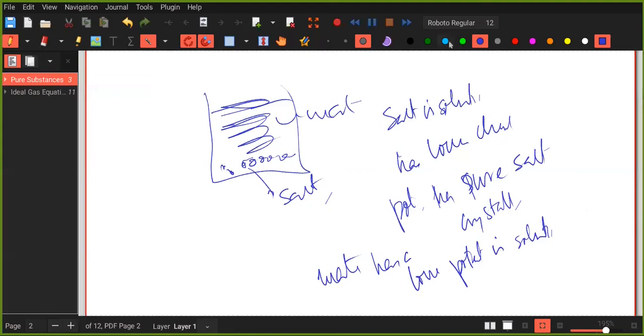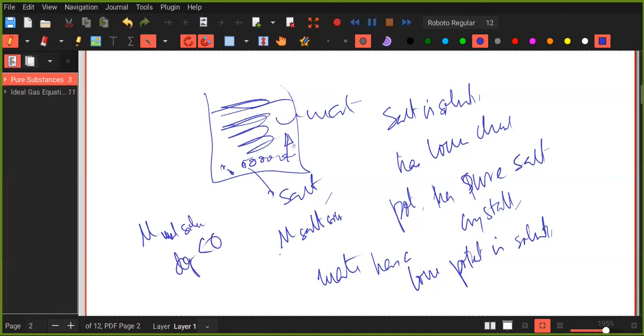So combining these two, the salt will have a tendency to go into solution to attain a lower mu salt in solution, and water will have a tendency to take up more salt so as to have a lower mu water in solution. This drives both these processes to achieve dG less than 0. It comes to an equilibrium when dG is equal to 0.